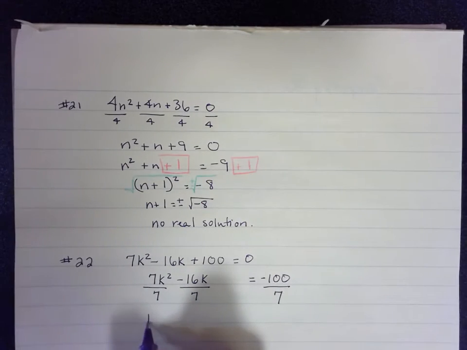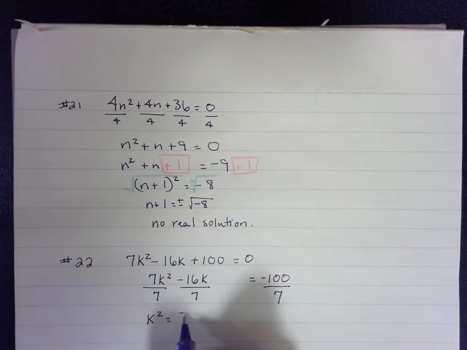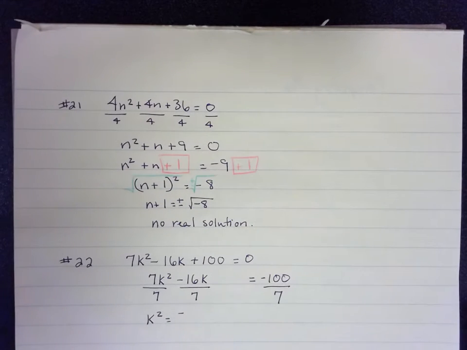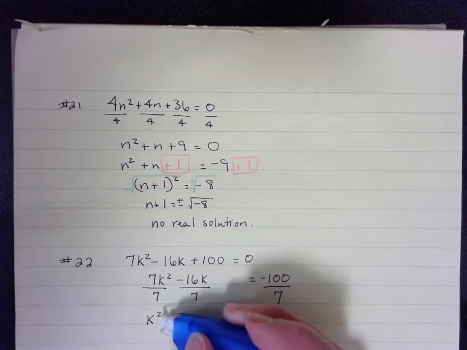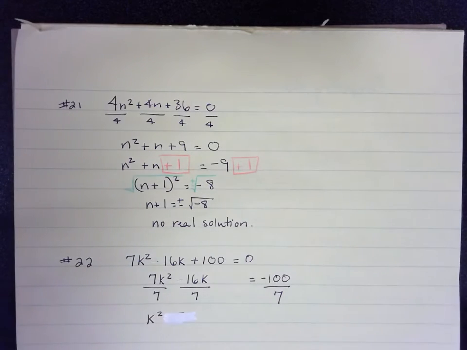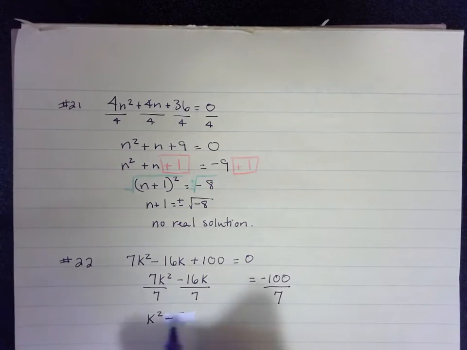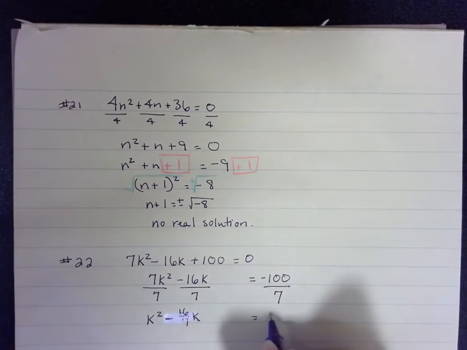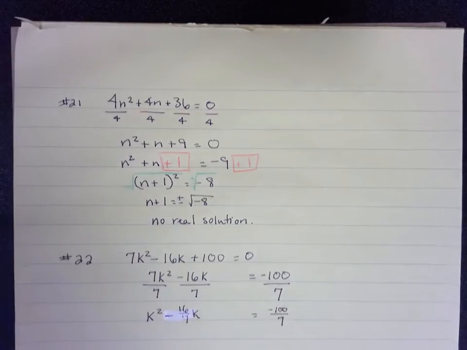And we have k squared equals negative, oops, not equals. Let's try that again. K squared minus 16 over 7k equals negative 100 over 7. And again, pretty ugly. Move this up.